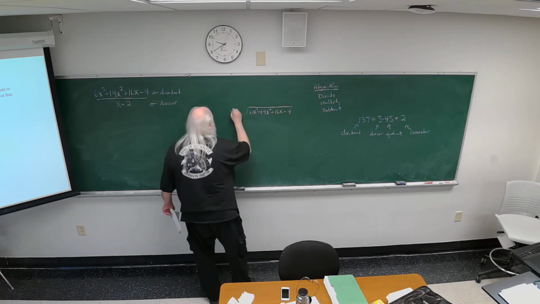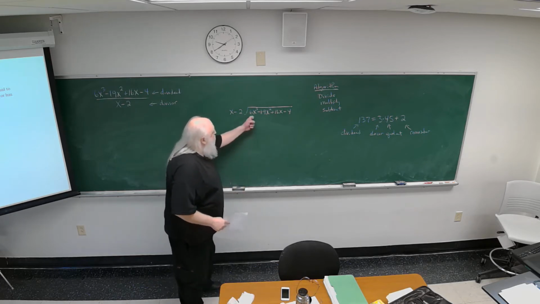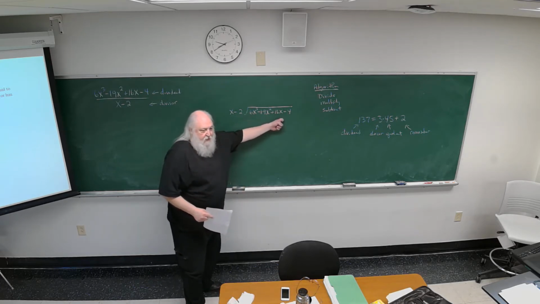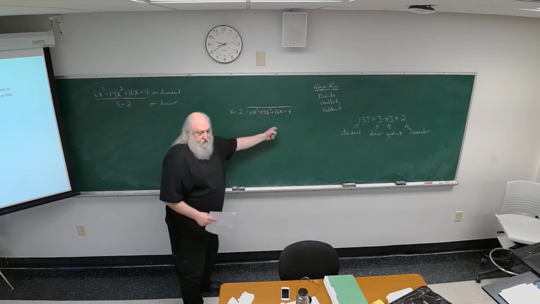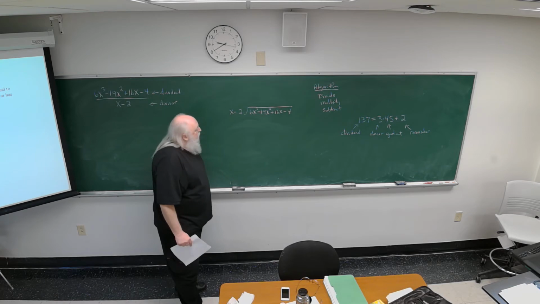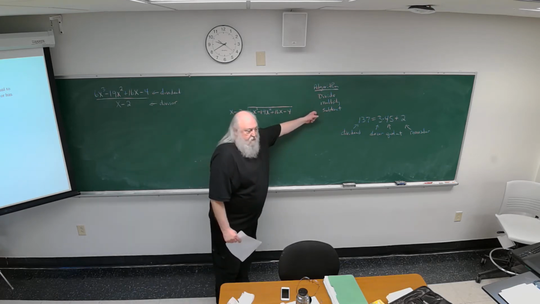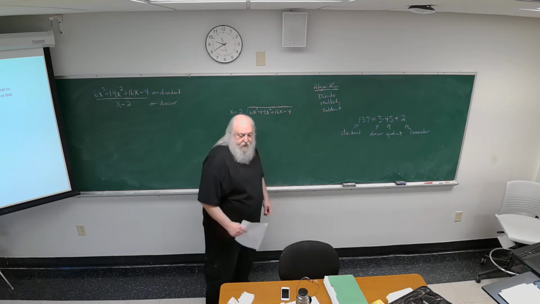The divisor goes out here to the left. Now, when you set this up, you got to make sure the dividend is in descending powers of x and the divisor is in descending powers of x. Okay. In order to do this properly. And we're going to just follow our algorithm from real numbers. We're going to divide, multiply, subtract. Divide, multiply, subtract until we're done. Okay?